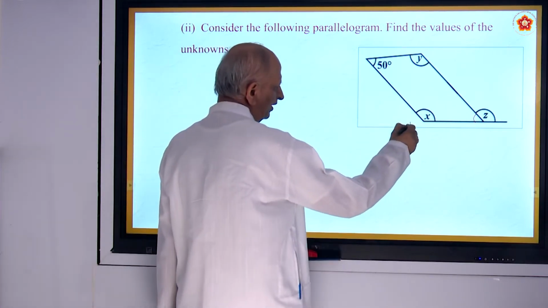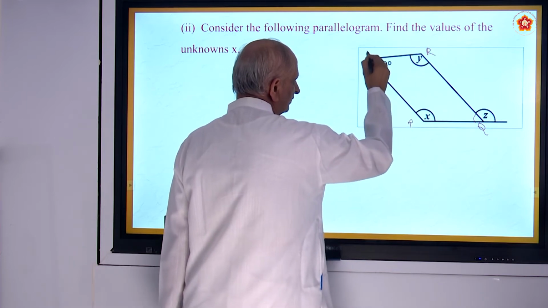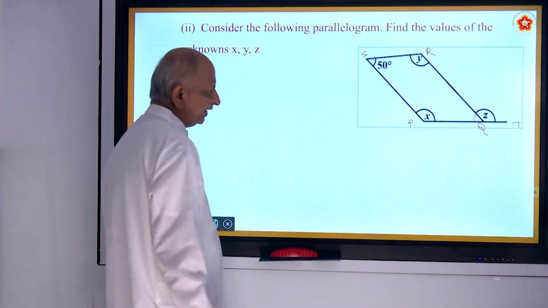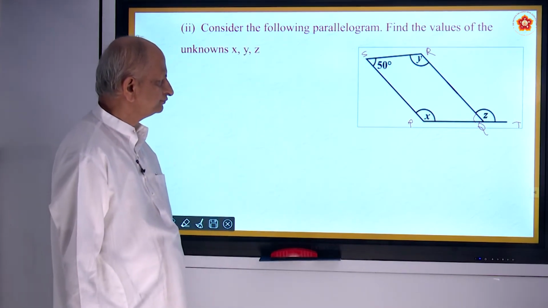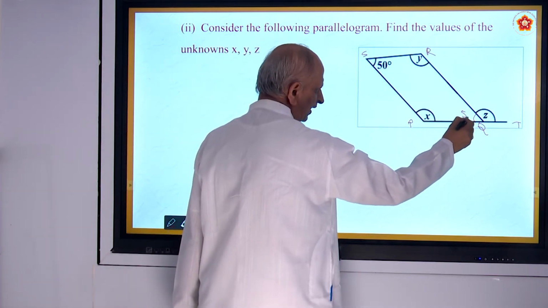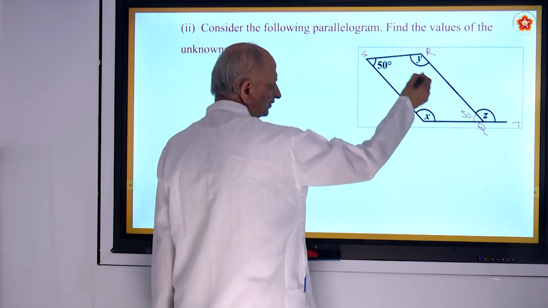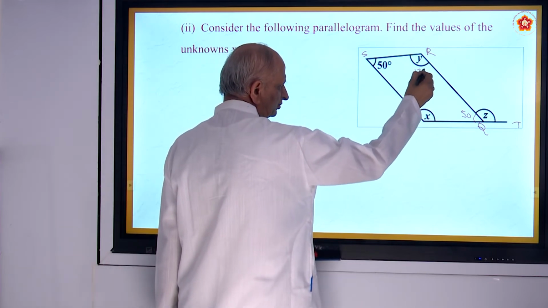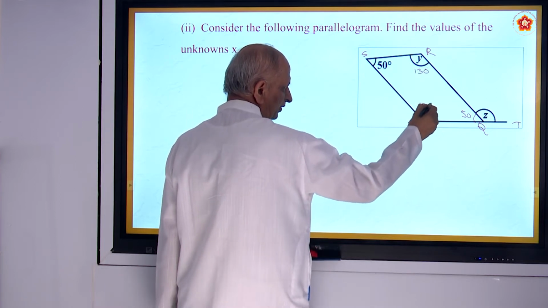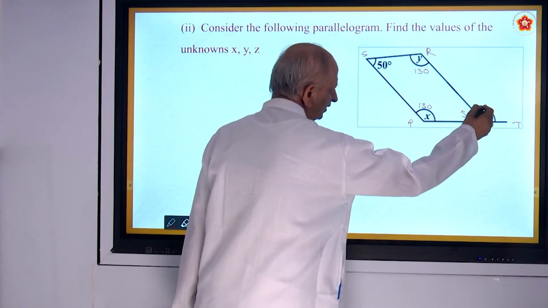Suppose you call it as a PQRS parallelogram, and this we call it as say T. Side PQ is produced to T. So, if this is 50, this also becomes 50, correct, and then these are interior angles. So, this will be equal to 180 minus 50, 130, this also will be 130, and this also will become 130.